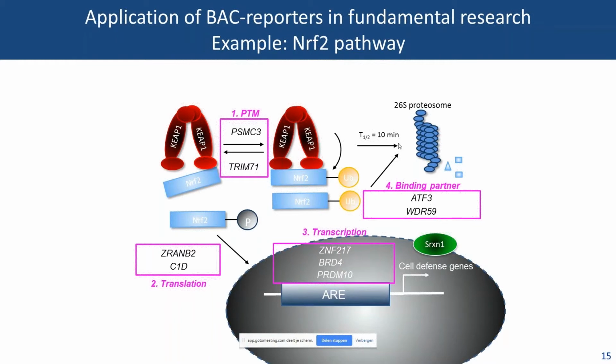And right now, these are being screened with other assays as well. So pull-down assays, for example, to really see if there's a physical interaction between, for example, NRF2 and these targets. So that's still going on, and that's how we apply the BAC-reporter technology in fundamental research. And yeah, by doing so, solving more or less the puzzle of the NRF2 pathway.